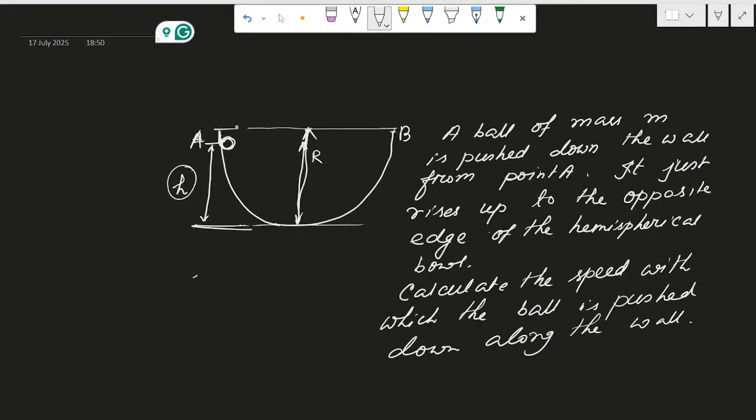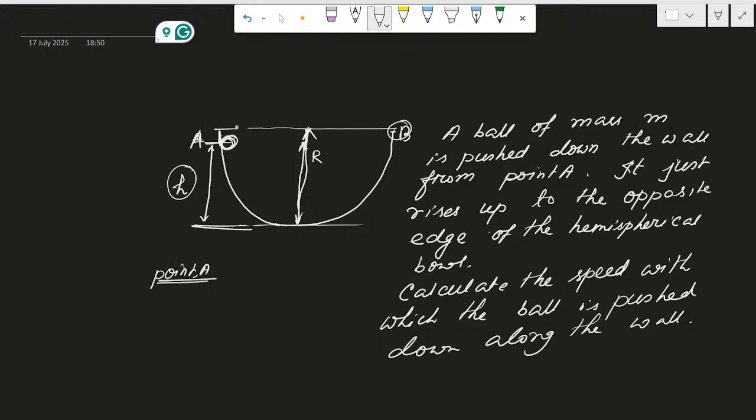What will it be? Simply you can do it. See, simple concept. We know total energy is conserved, so energy at point A should equal energy at point B. Point A is at height h from the ground, isn't it?